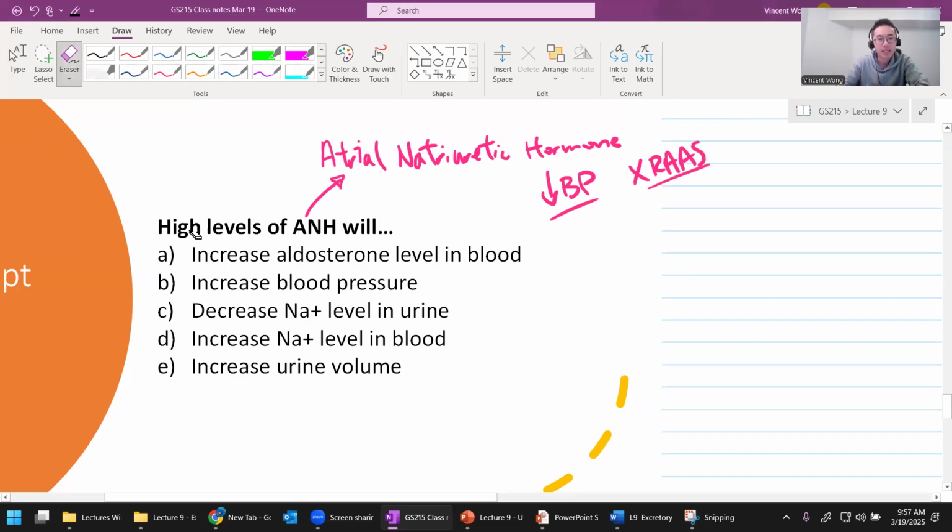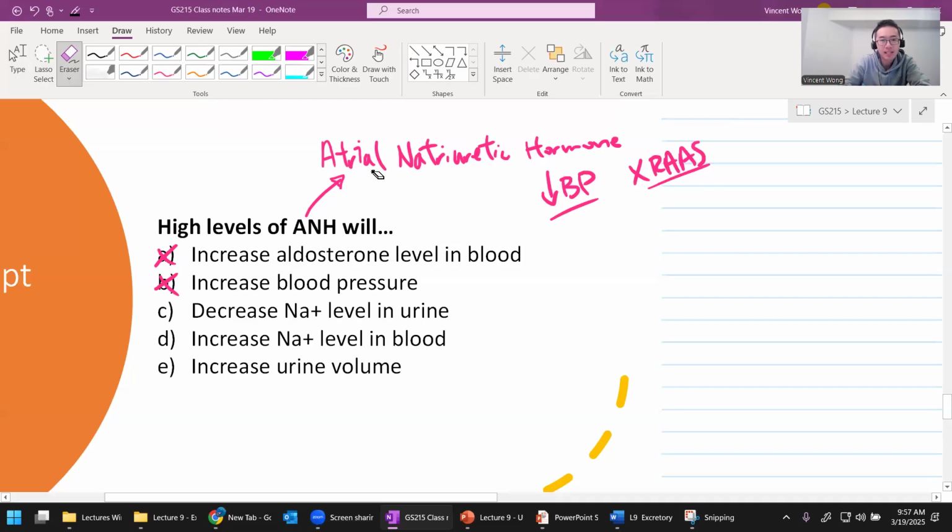So let's see. Is ANH going to increase aldosterone? No. Aldosterone is part of the RAS. We are countering RAS. Is it going to increase blood pressure? No, I wrote it down already. It's going to decrease blood pressure, right? Don't just choose the stuff without thinking through it. Write it out. Decrease Na plus level in urine.